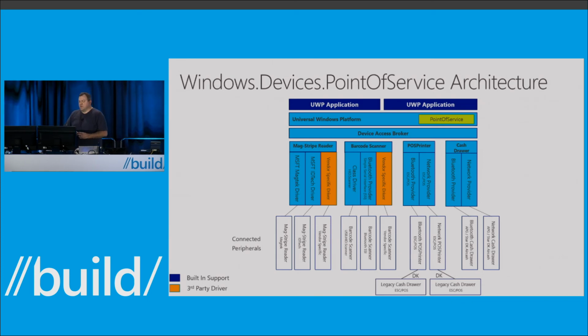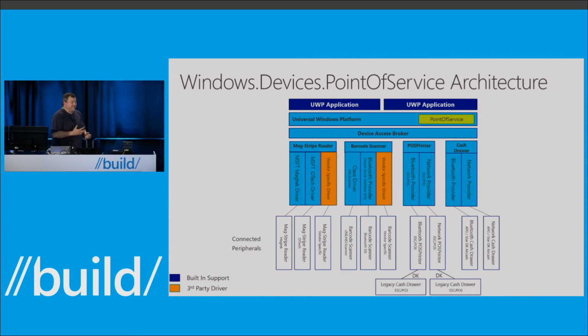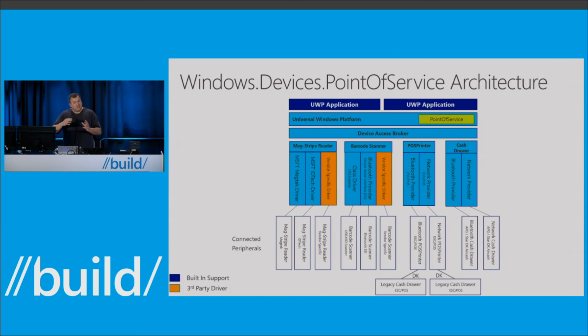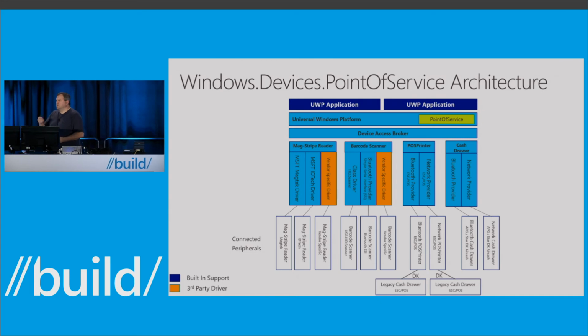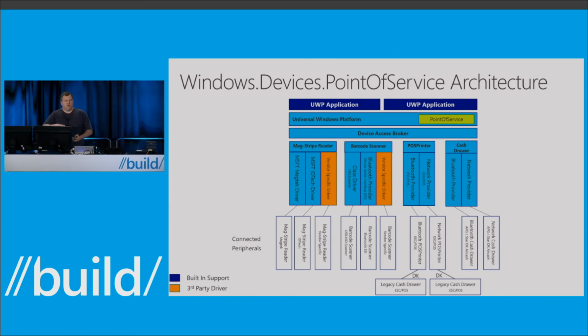Underneath that, we have a device access broker so that multiple apps can be running on the machine at the same time, and you can access that hardware and share it amongst different apps. Now, this will have some impact on what you as developers will need to do in terms of best practice in dealing with the fact that the hardware is not going to be exclusively owned by you unless you request that.